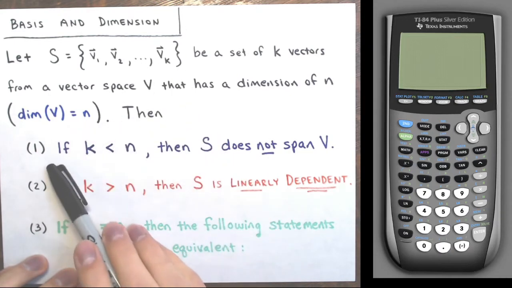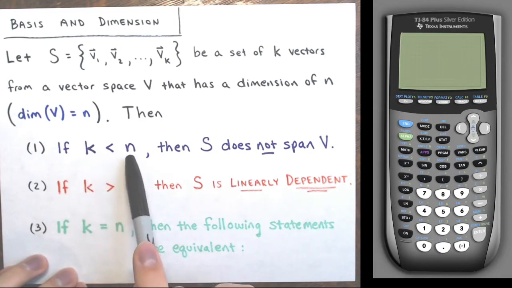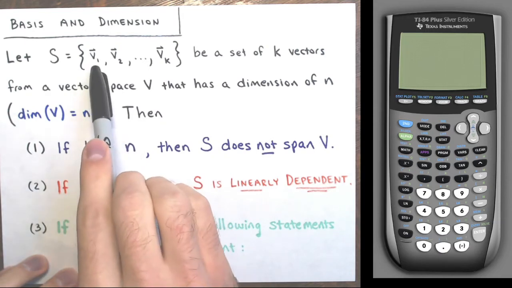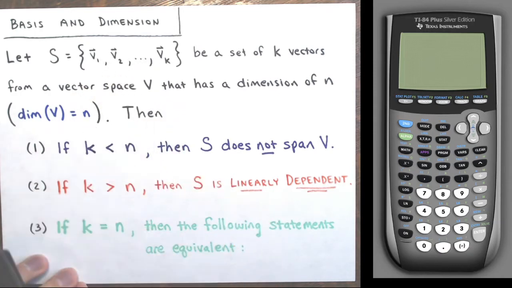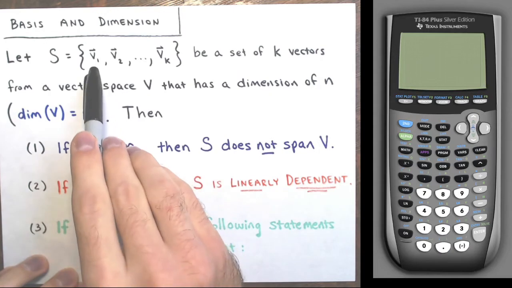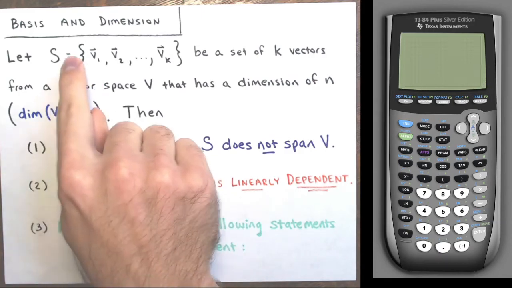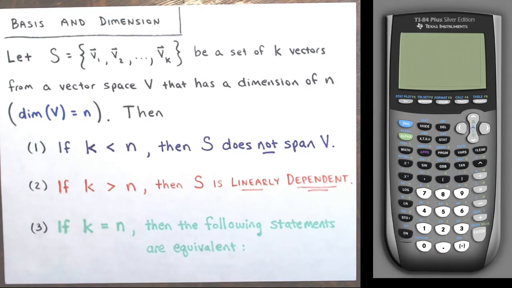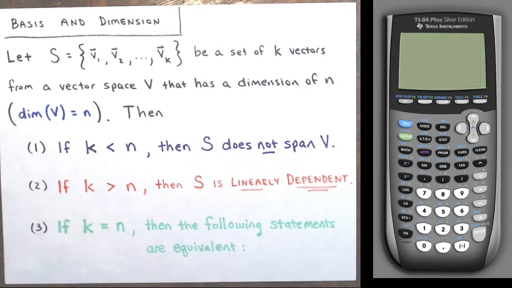Now, 1. If k is less than n, meaning that the number of vectors in this set is smaller than the dimension, so the number of vectors in this set is less than the number of vectors that would be in a basis for V, well then S can't be a basis, right? And the reason for that is S would not span the vector space.